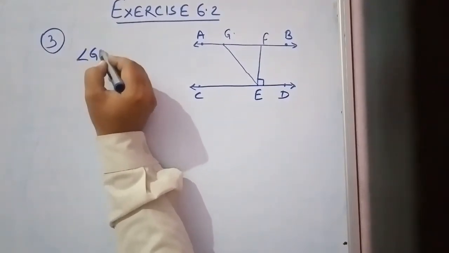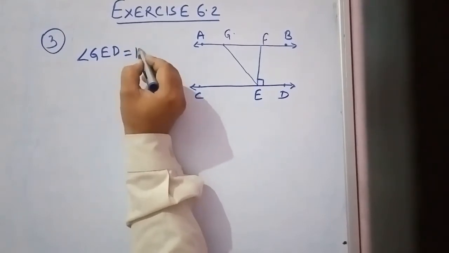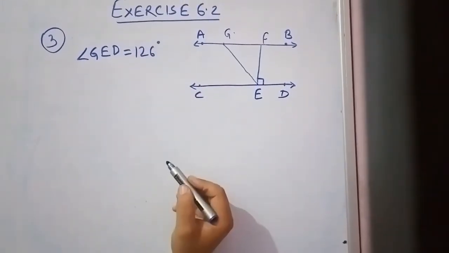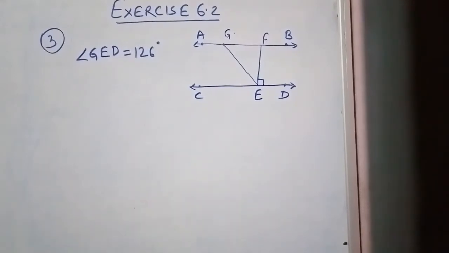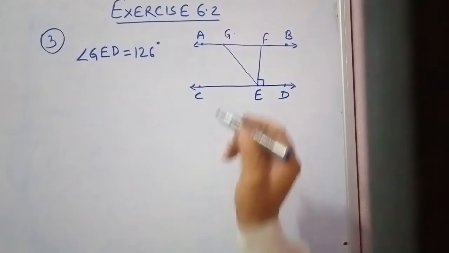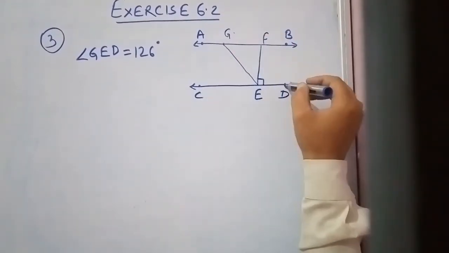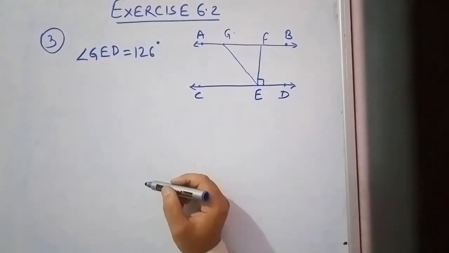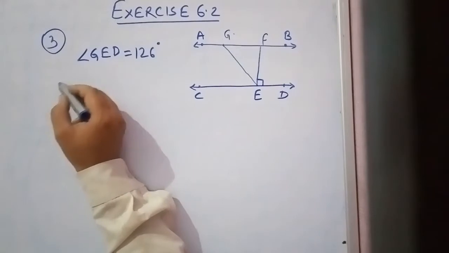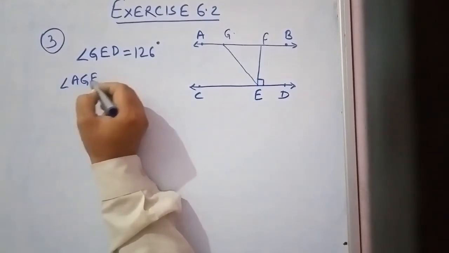Angle GED is given as 126 degrees, and we have to find angle AGE.